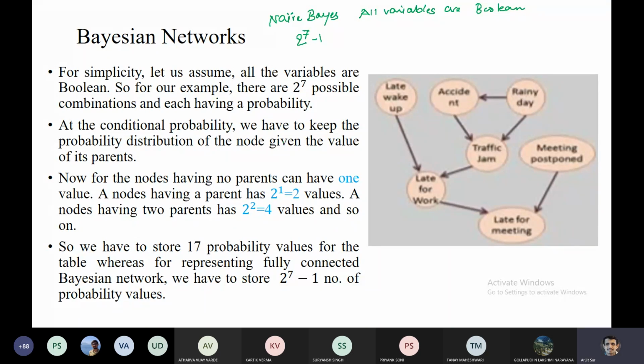Now, for the conditional probability, we have to keep the probability distribution of the node given the value of its parents.